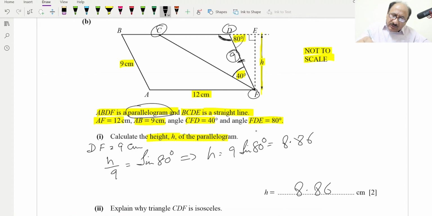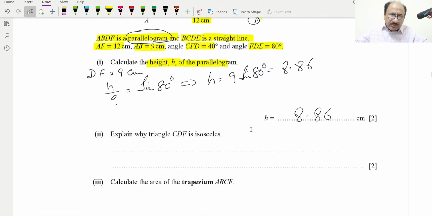This is 100. If this is 100 and this angle is provided as 40, the remaining angle will be 40. So these two opposite angles are equal to each other, so their sides will also be equal to each other. So two sides are equal, hence this triangle is an isosceles triangle.